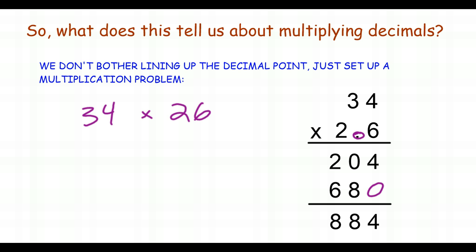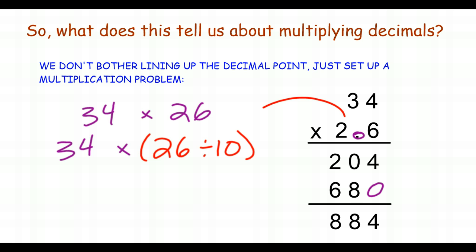So I'm going to rewrite that for a second here on the left. 34 times 26 divided by 10, which 2 and 6 tenths is just 26 divided by 10.